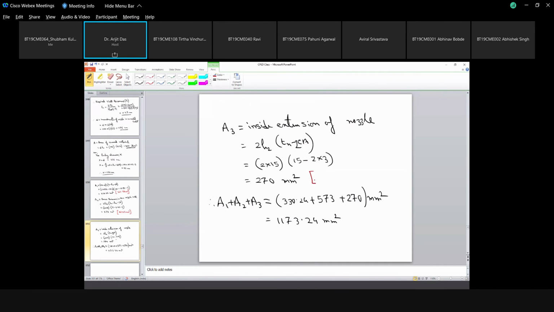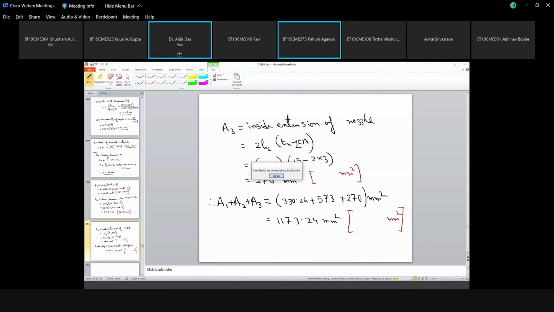Now for the odd number, A3 will be, tell me what will A3 be? What is the value of A3? 330, sir. 330, very good. Then add A1 plus A2 plus A3. Yes, sir.